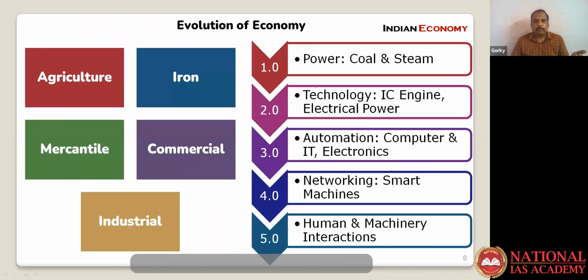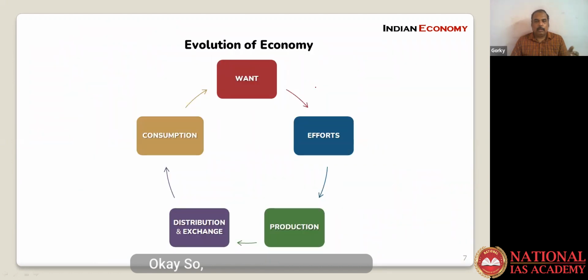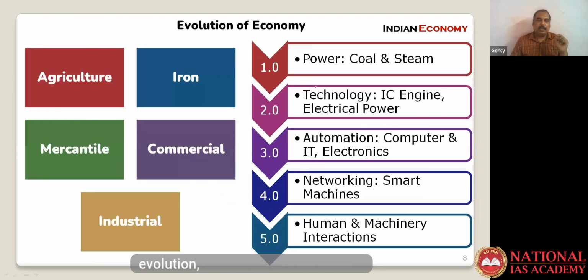Clear? So in the type of economy which we are discussing, the evolution of the economy has been in different phases. I'm talking about from prehistoric times to modern times.